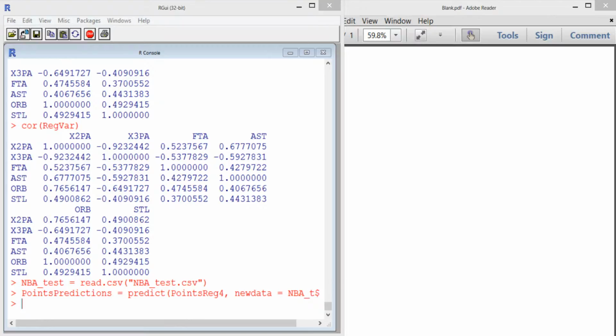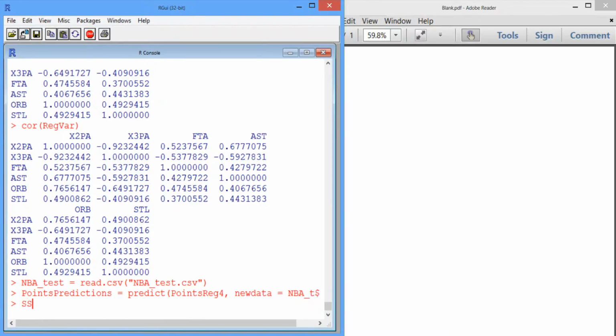We need to compute the sum of squared errors. And so this here is just the sum of the predicted amount minus the actual amount of points, squared and summed.